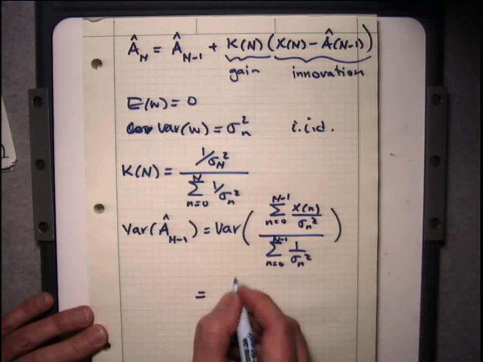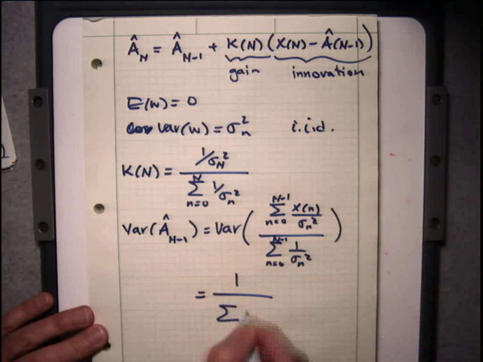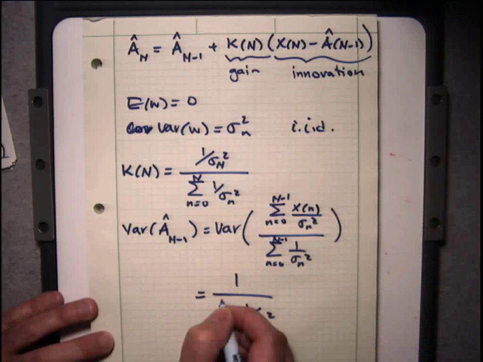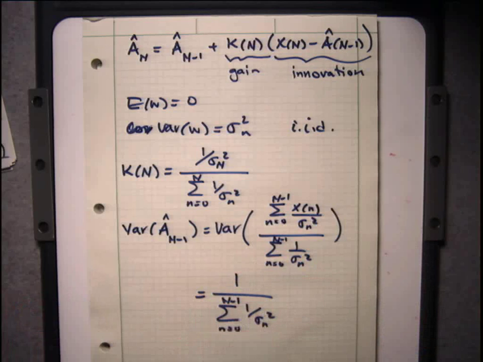Simplifying this, we get 1 over the sum of 1 over sigma n squared. Okay?